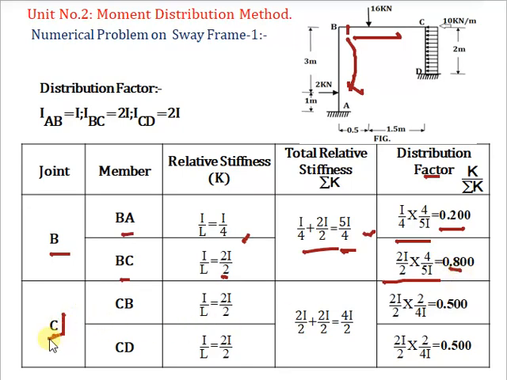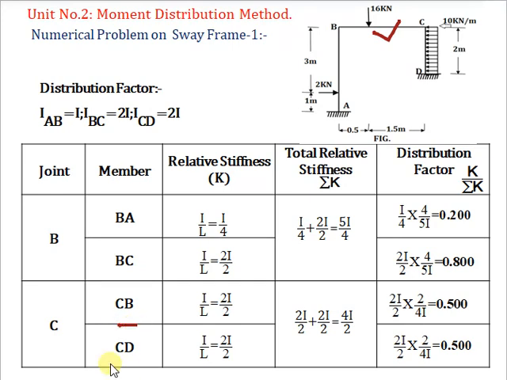Now next joint C, and connecting members to joint C are CB and CD. Member CB far end is continuous, so relative stiffness formula I by L, so it is equal to 2I by 2. And for CD member, the far end is fixed, so formula is I by L, equal to 2I by 2. So total relative stiffness, addition of relative stiffness of CB and CD, is equal to 4I divided by 2.